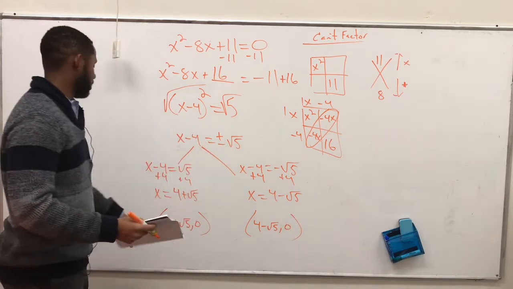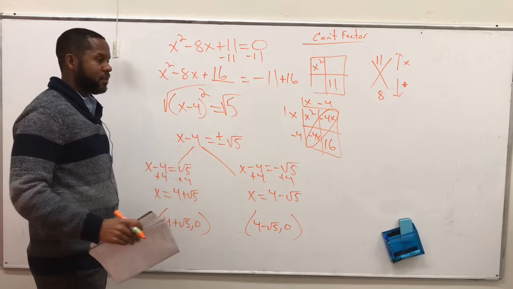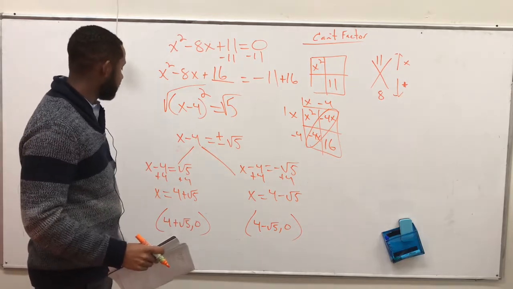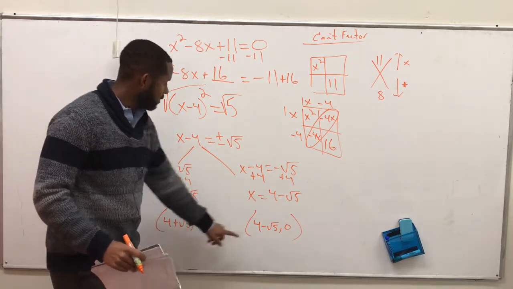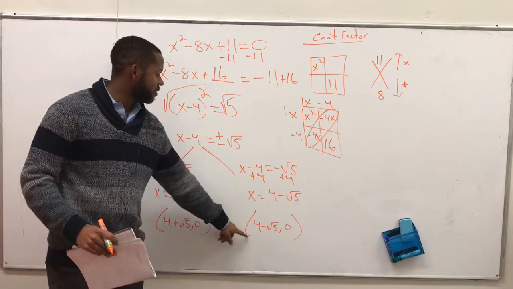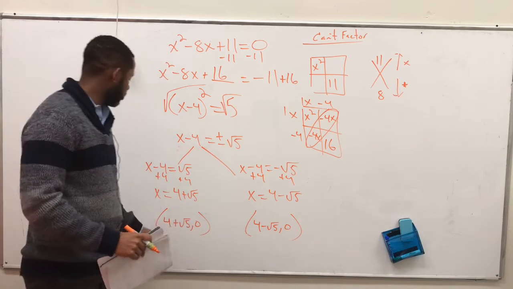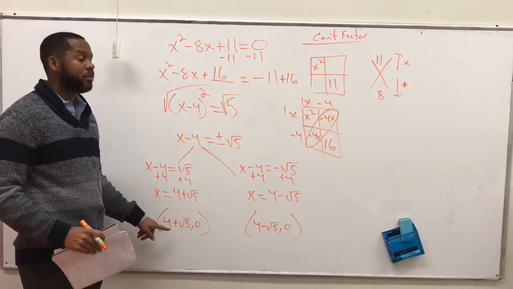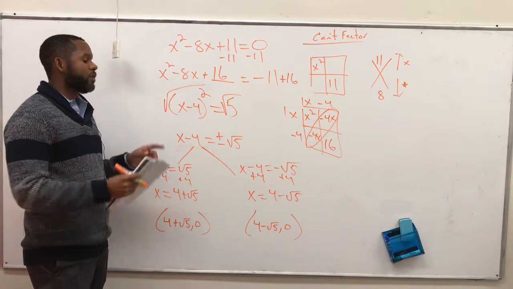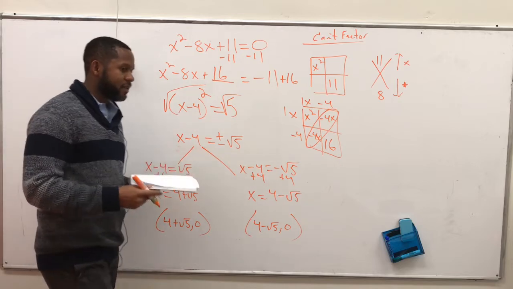Those are my two roots. And the square root of 5, I can get a calculation for approximately what that is, but these are the exact x-intercepts, because when y equals 0, x is either 4 minus the square root of 5 or 4 plus the square root of 5. We'll be doing a lot more of this in class.